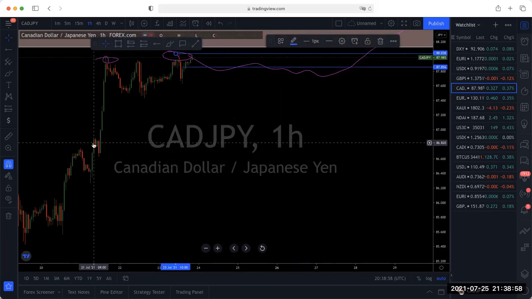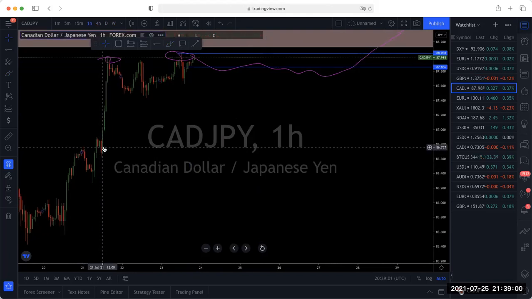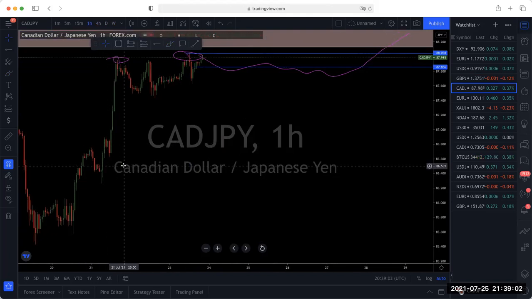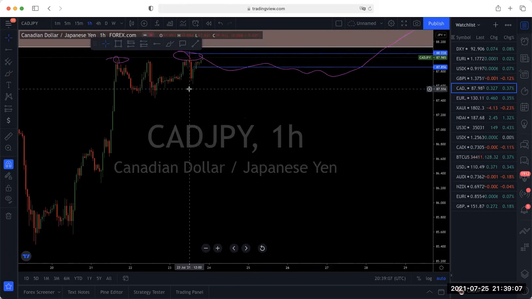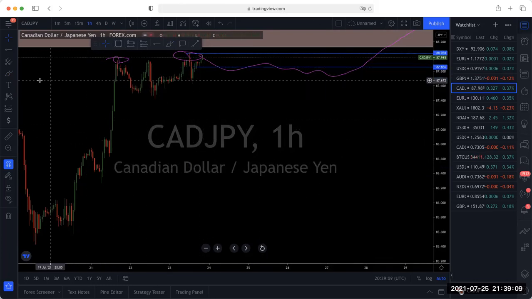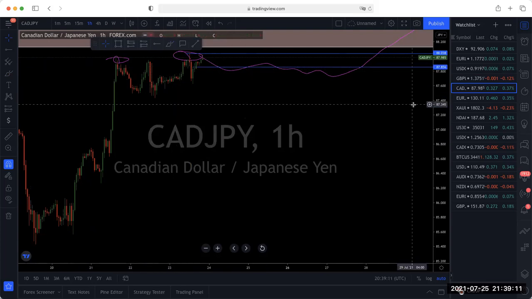And if not, right, this particular zone looks promising. This particular zone or this particular zone, we might really have a retracement there for a buying opportunity before price would get to that zone. So that is what I can say on CADJPY.